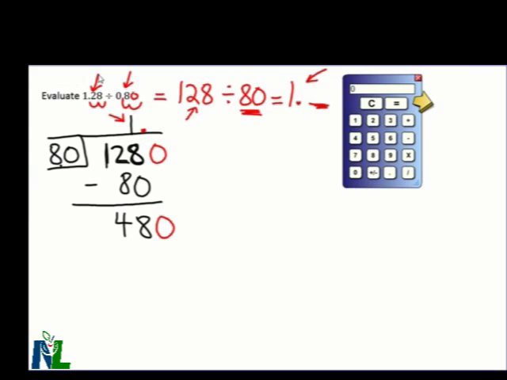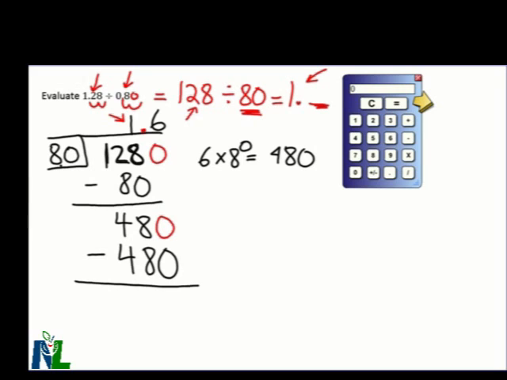Now 80 will go into 480 6 times. 6 times 8 is 48. So 6 times 80 is 480. So we'll put a 6 here, and this becomes 480. We subtract.